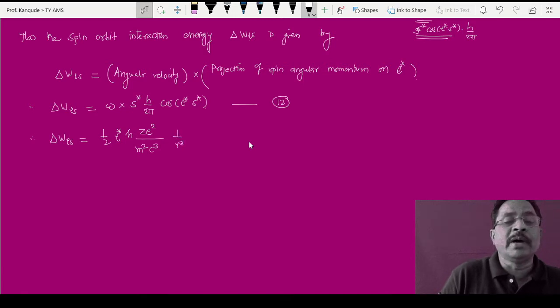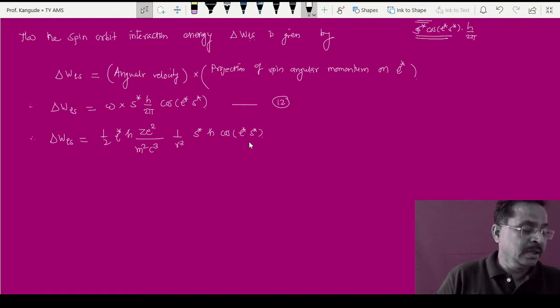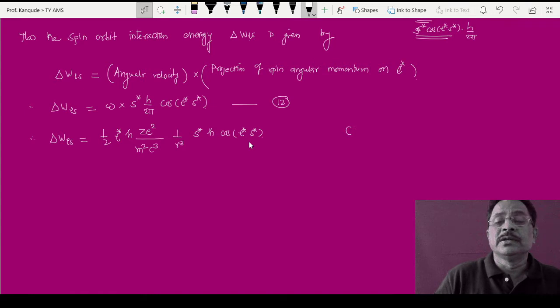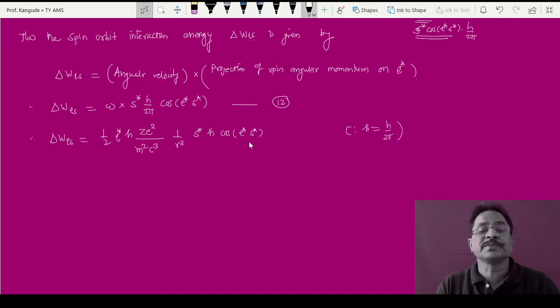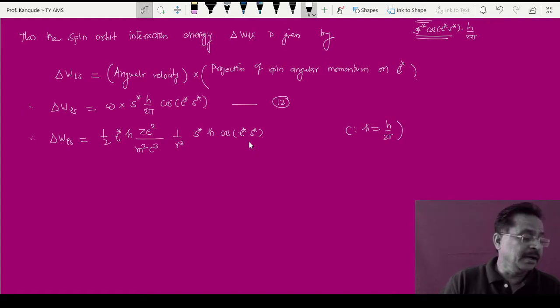This is all my omega, already we have written in equation 11, multiplied by S star into h cross, h upon twice pi is h cross, into cosine of the angle between L star and S star. Since both relations have this h upon twice pi, I am writing in shortcut, it is h cross.